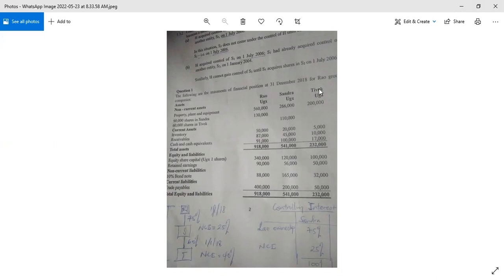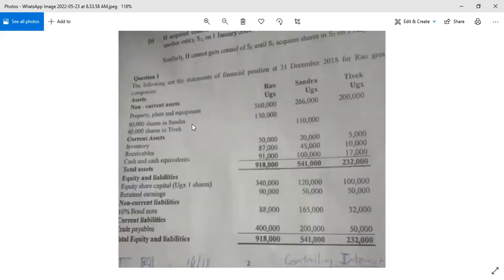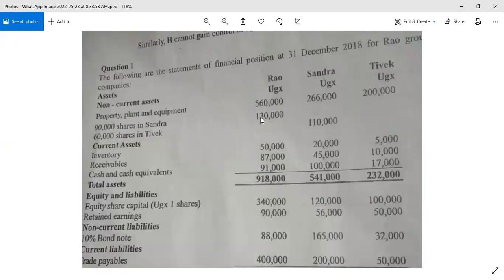They will put it in your balance sheet. They'll say 90,000 shares in Sandra were paid by R, the parent, so R invested in Sandra. Then Sandra's books also show an investment in TVEC. So this is a vertical group: one invests in another, which invests in another. Of course, you don't conclude until you draw the percentages and know that indeed they are associates.